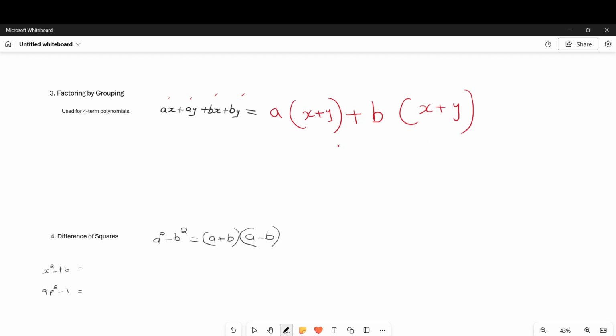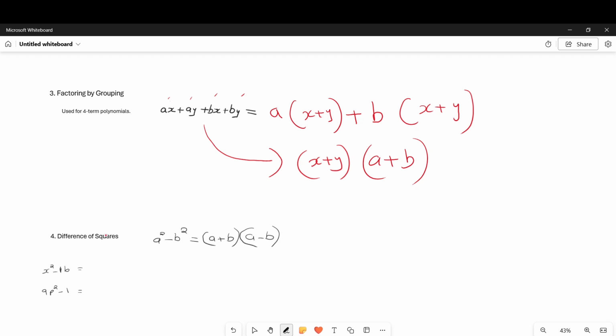Then we take x plus y outside, and what remains are a and b, so a plus b remains here. This is how we group the common factors out. From this equation to this one, when it is a complex equation and we factor it out, it becomes the simplest form.